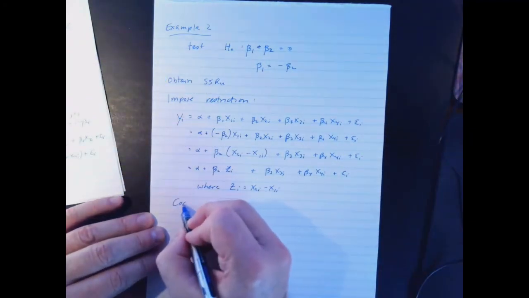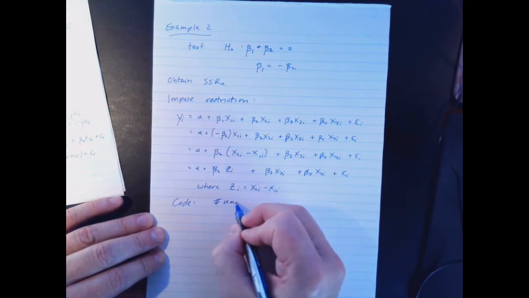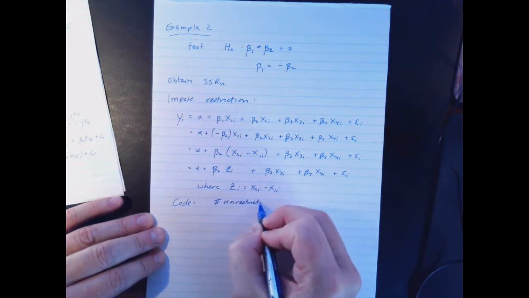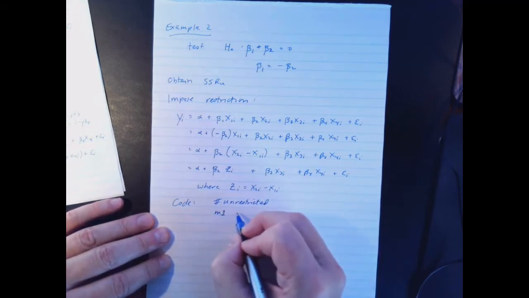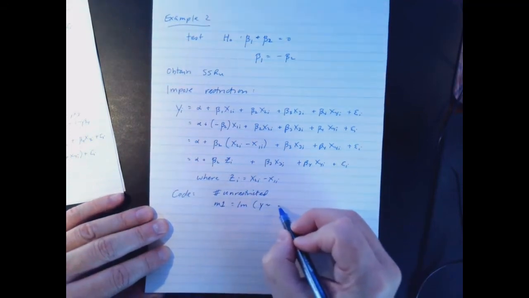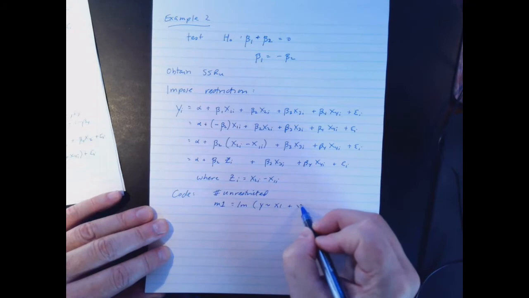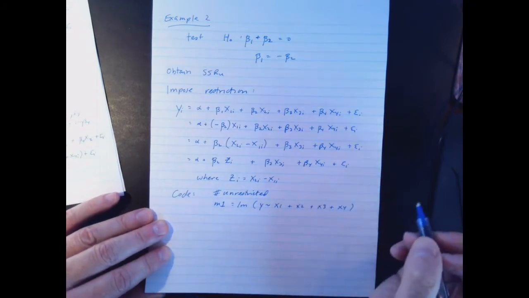So the code would look something like this. The unrestricted model, we'll call it M1 equals linear model y on x1 plus x2 plus x3 plus x4.